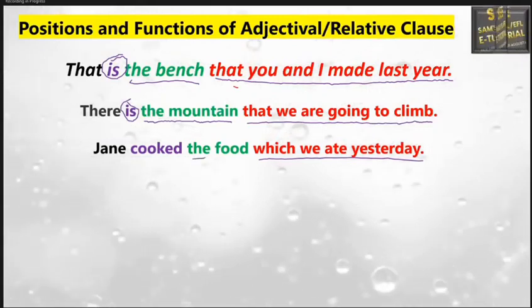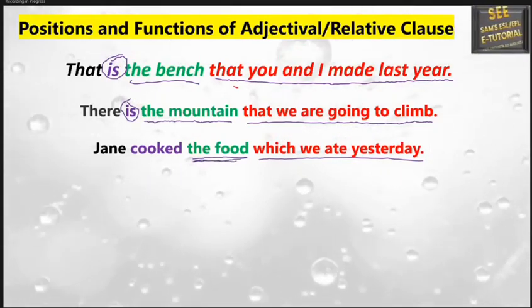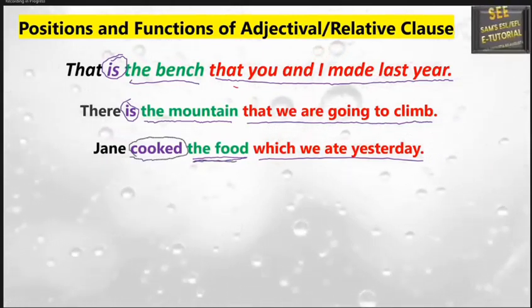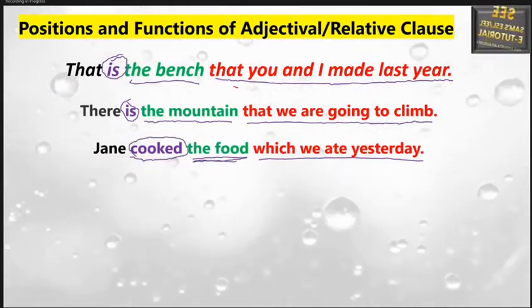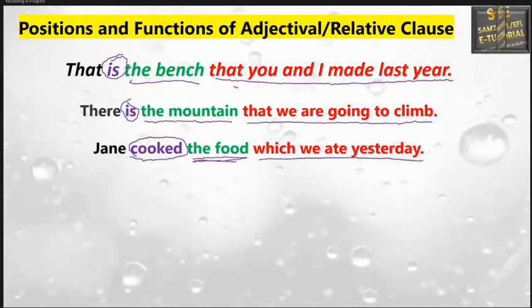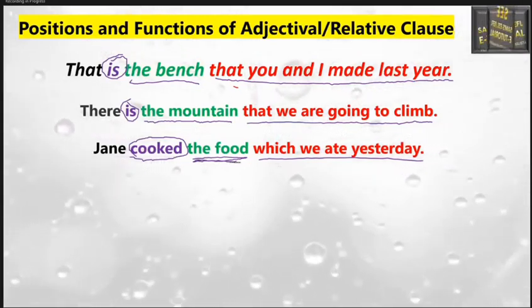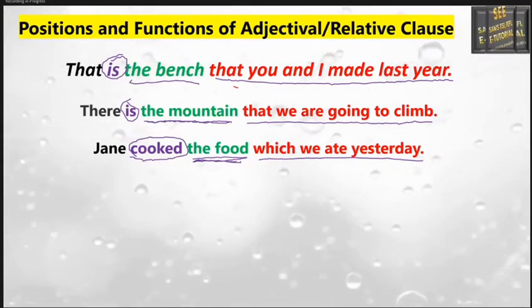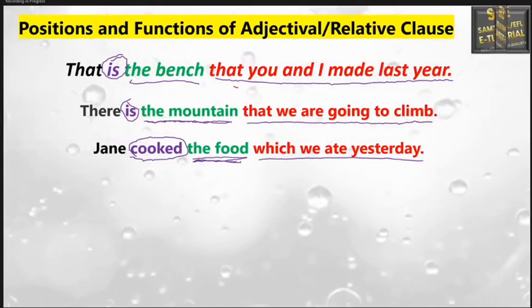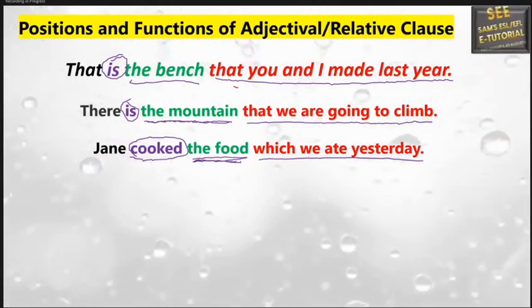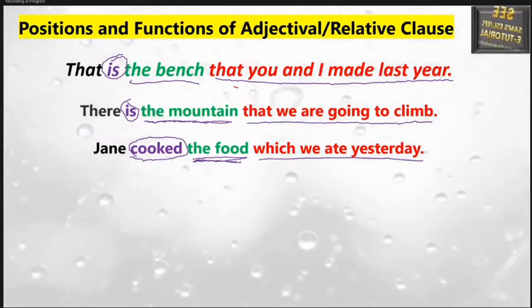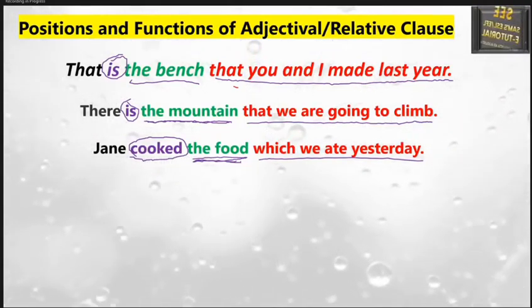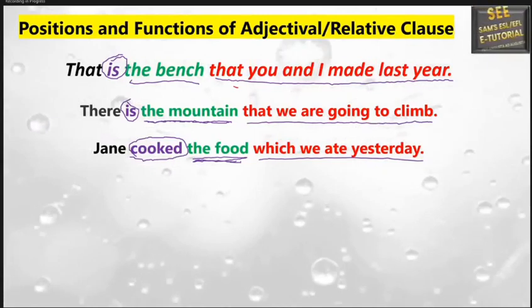However, in this particular example, the food is an object because this verb is a transitive verb. I hope this is clear. The verb cooked is a transitive verb, and so after a transitive verb you have an object. After a linking verb you have a complement. So this group of adjectival clauses or relative clauses at the final position of a sentence either modify a complement or an object. I hope this is clear.